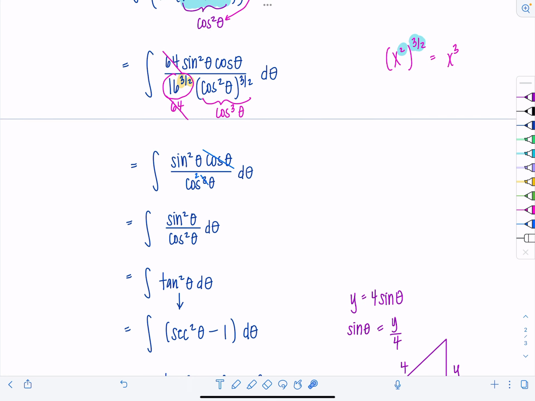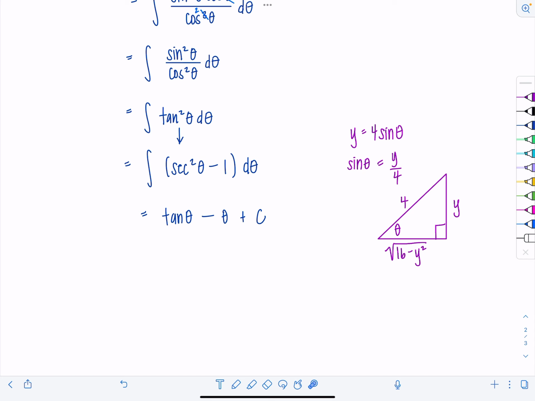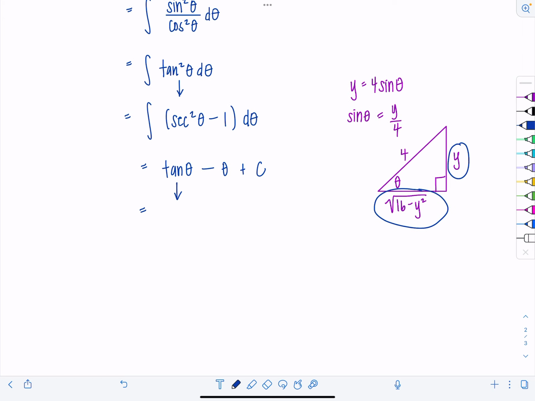Okay. Now we're going to go back and rewrite everything in terms of y. So tangent of theta, we know tangent is the ratio of the opposite over adjacent side. So check out your triangle. Here's the opposite side, here's the adjacent side. So tangent of theta is going to be y over the square root of 16 minus y squared, minus, and then what do we do with plain old theta?